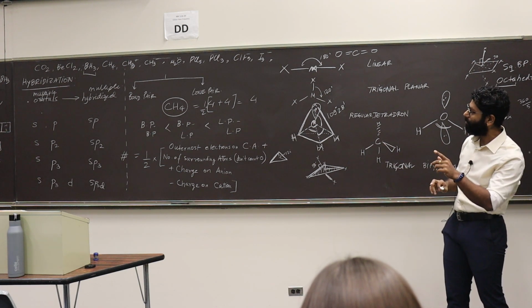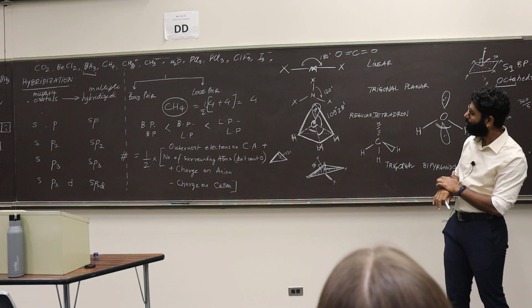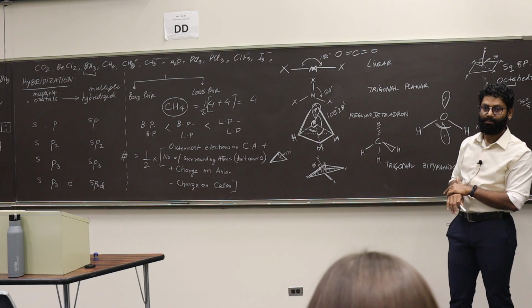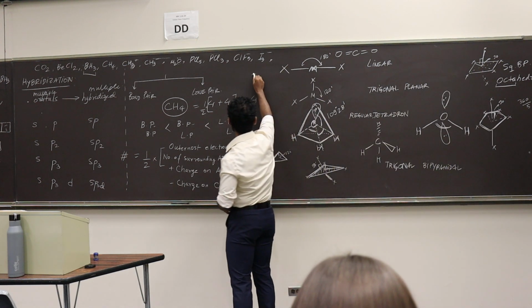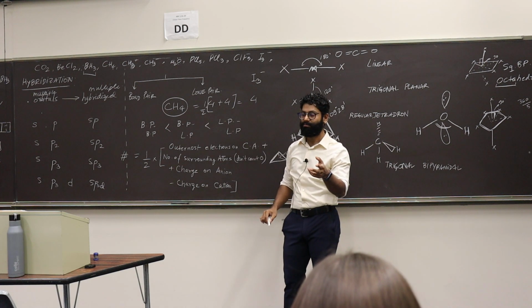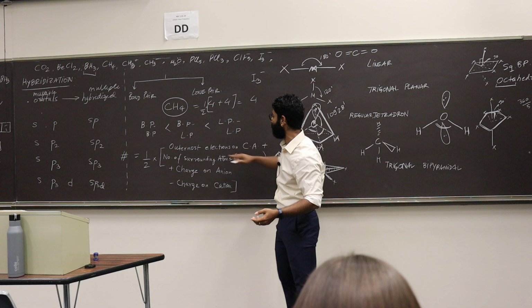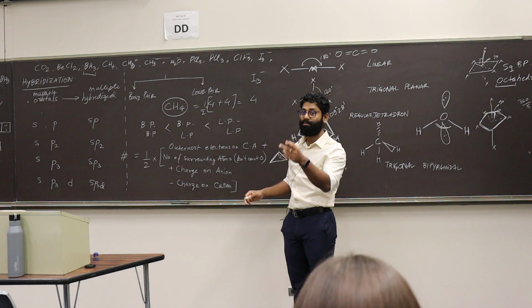Okay, let's do one more, let's do I3 minus. One of them has to be a central. So the number of outermost electrons on iodine is what? 7.